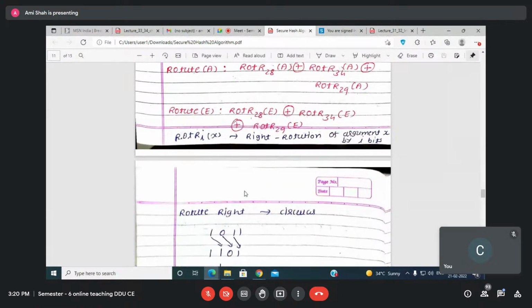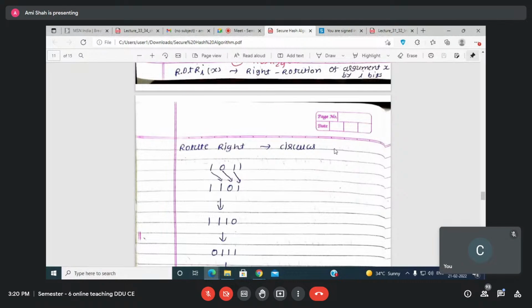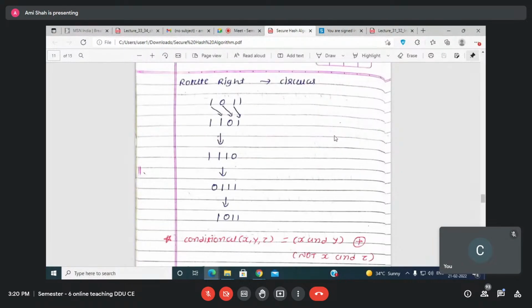Now, how is the rotate right, that is circular, performed? I have written this here so you can understand. Let's suppose my bits are 1011. How is the rotate right performed? Now see here, rotate right gives 1 1 0 1, and this bit comes to the first position.